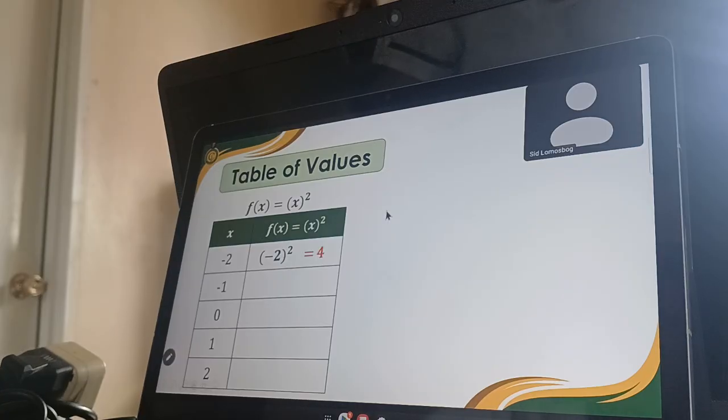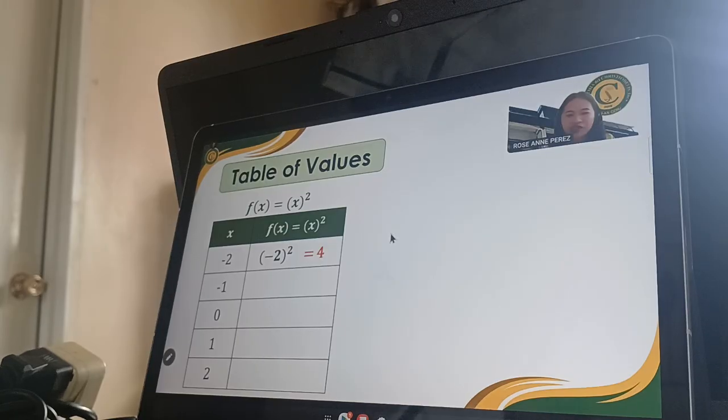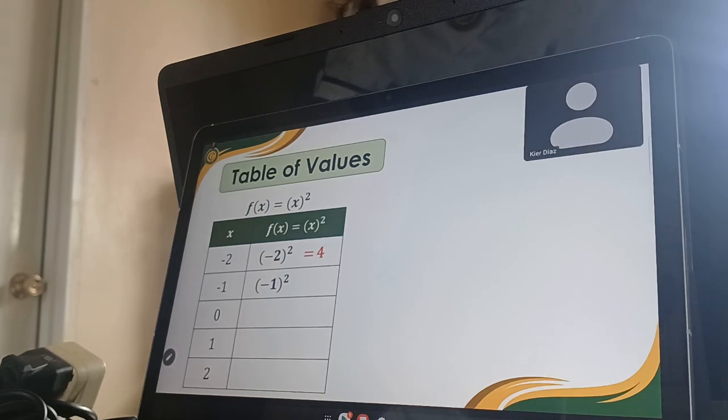Positive 4. Very good. How about if our x is negative 1? Substitute again to our equation. So you will have negative 1 squared. Positive 1.